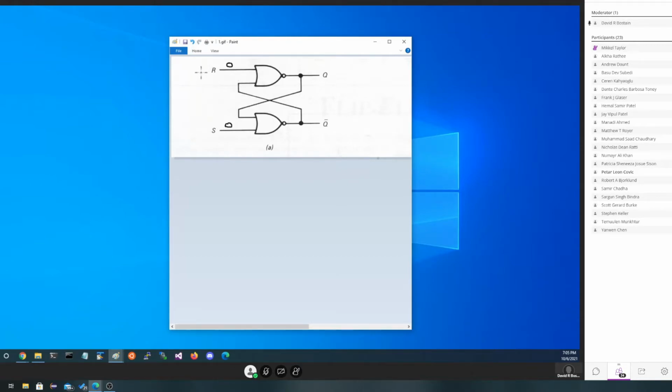Let me actually, while you're doing that, let me see if I can figure out how to select this. It's on the clipboard, no. Maybe we can just draw it. Nope, that doesn't do it.